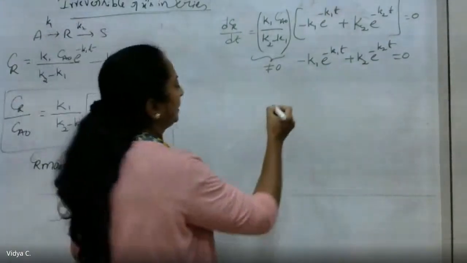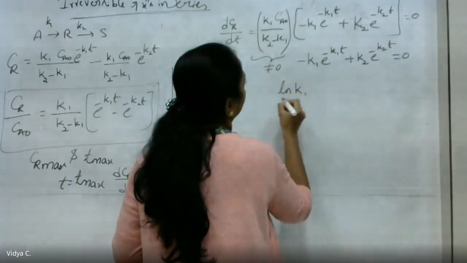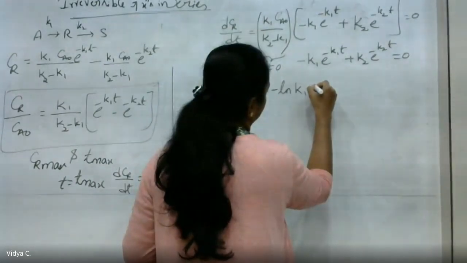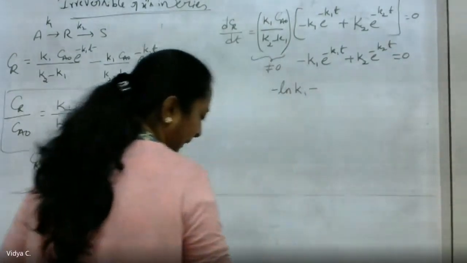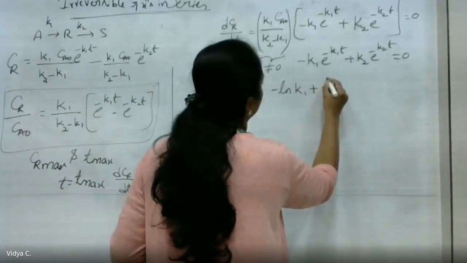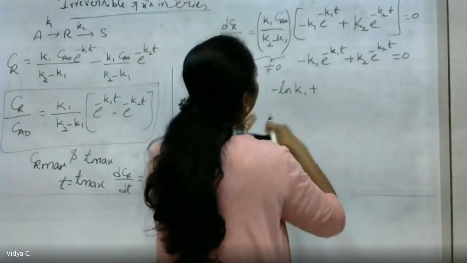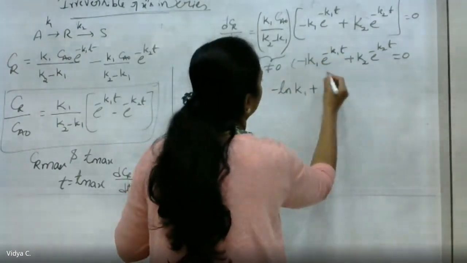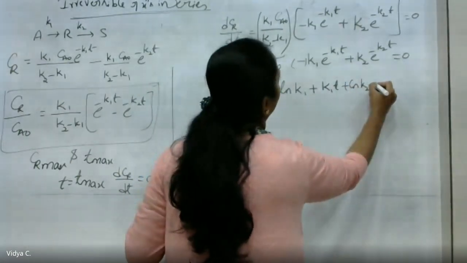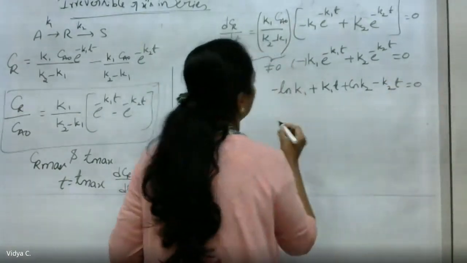What I do? I take ln on both sides. So it will be ln k1 minus ln k1, plus k1t, because I have minus here, so minus into minus plus k1t plus ln k2 minus k2t is equal to 0.